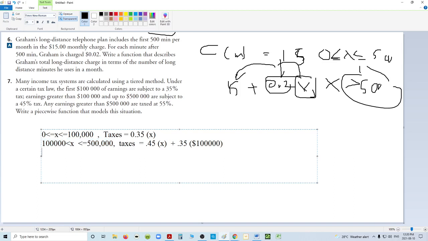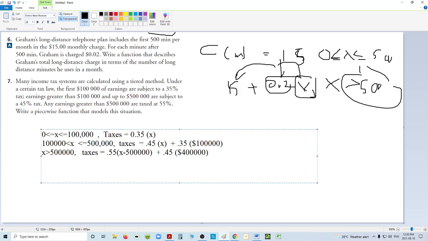The next tax bracket, which is 500,000 and up, so when x is bigger than 500,000, we can't say bigger and equal because we included the 500,000 in the bracket before, taxes are going to be equal to 0.55, that's 55%, of my x minus 500,000, plus 0.45 of 400,000. Why 400,000?